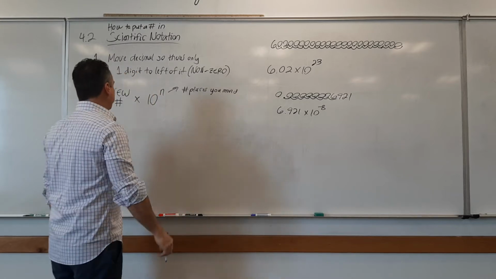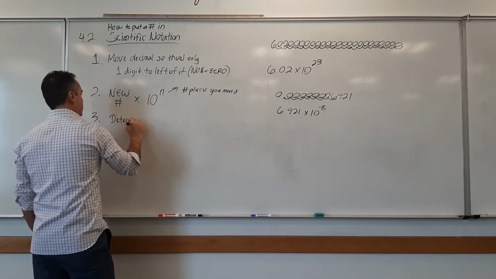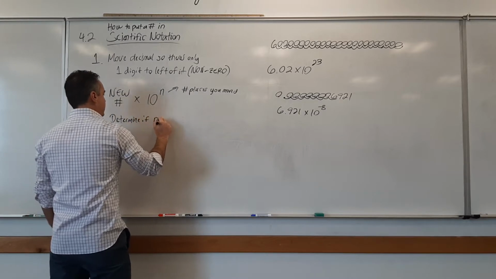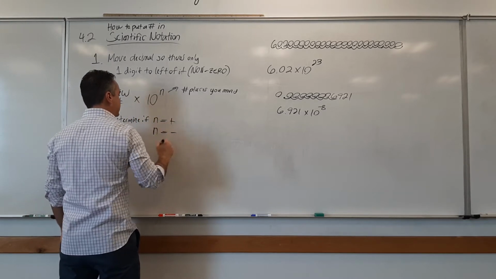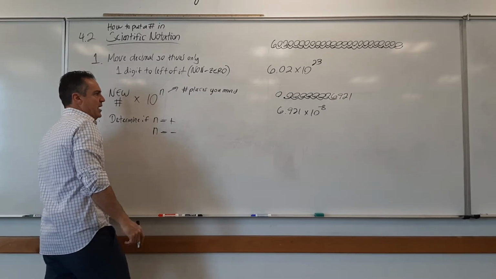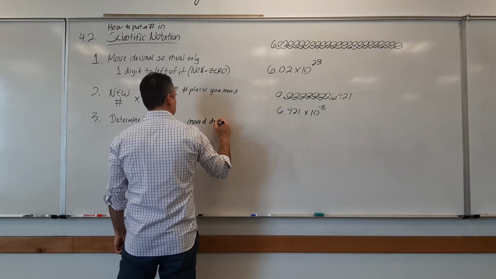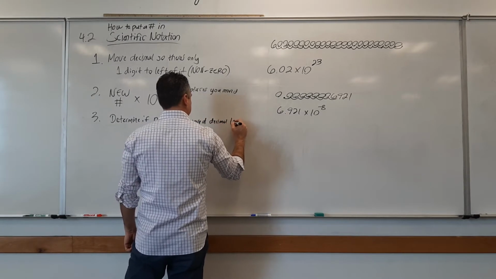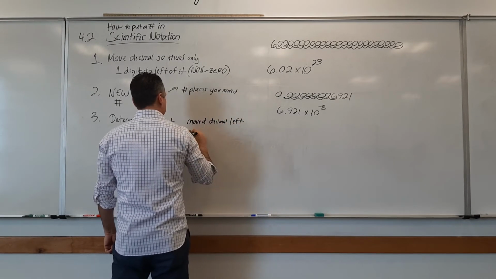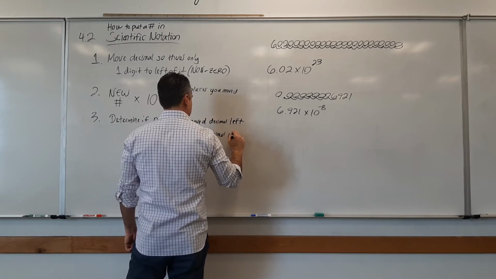And we're going to talk about that right now because this is step number 3. You must determine if n is positive or n is negative. Now, there's 2 ways to do this. N is positive if you moved the decimal left, and it's negative if you moved the decimal right.